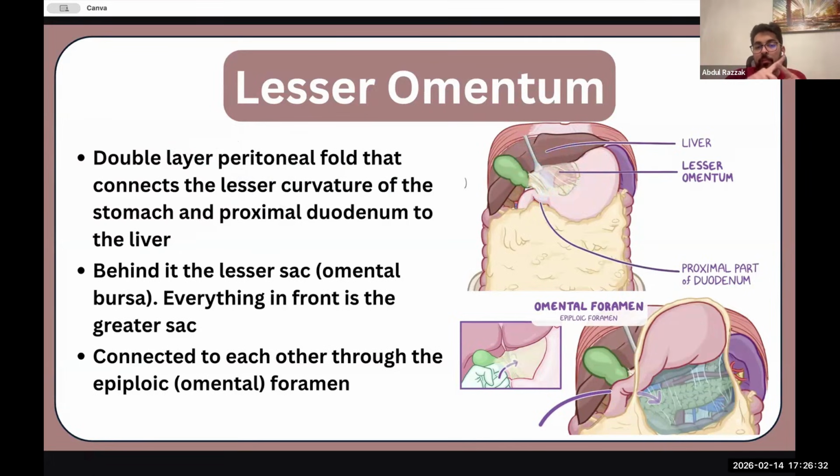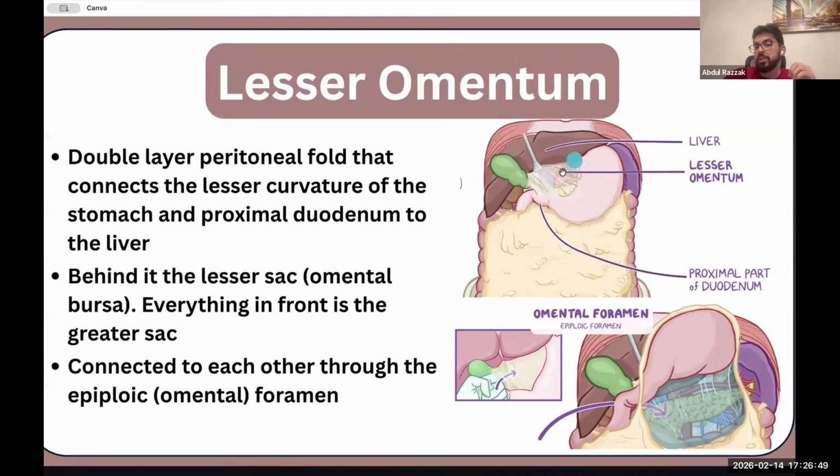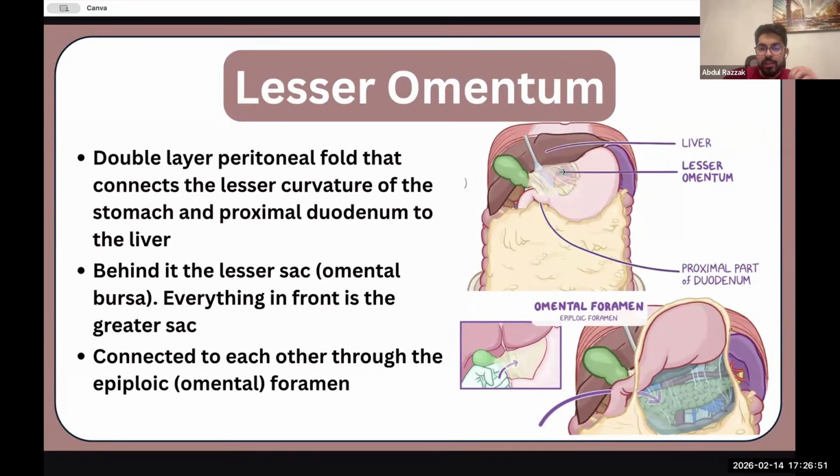The first one is the hepatoduodenal ligament, which contains the portal triad. The other one is the hepatogastric ligament, which, as the name indicates, is a ligament between the liver and the lesser curvature of the stomach. You can see that this membranous structure is the lesser omentum, and it's kind of transparent, and you can see stuff behind it. The area behind the lesser omentum is called the lesser sac, or the omental bursa.